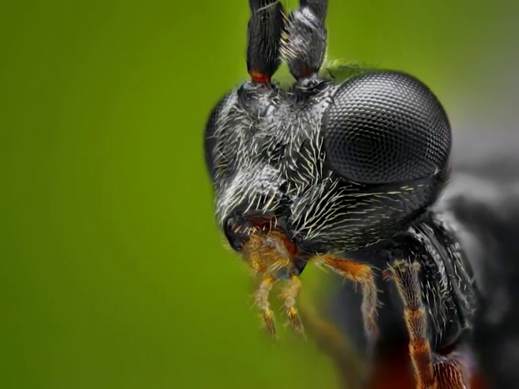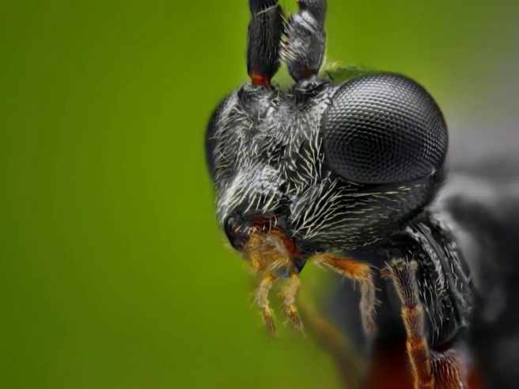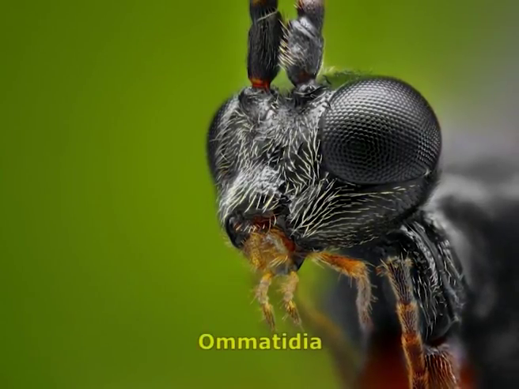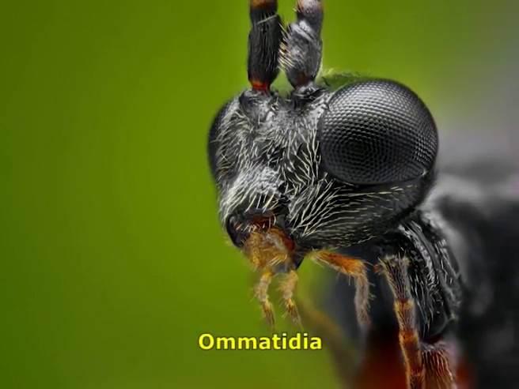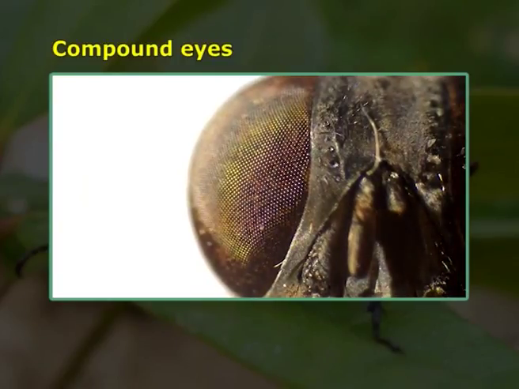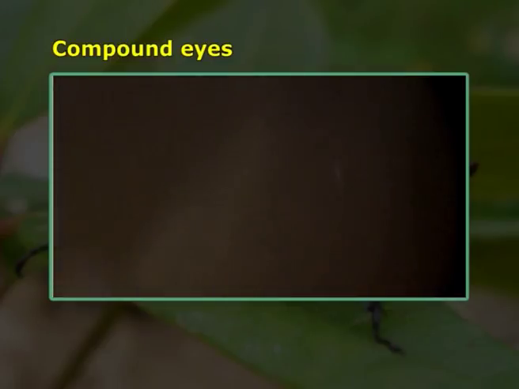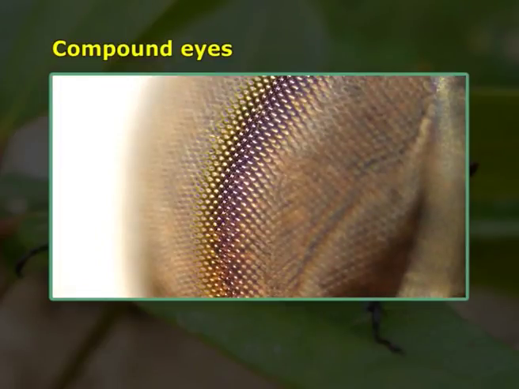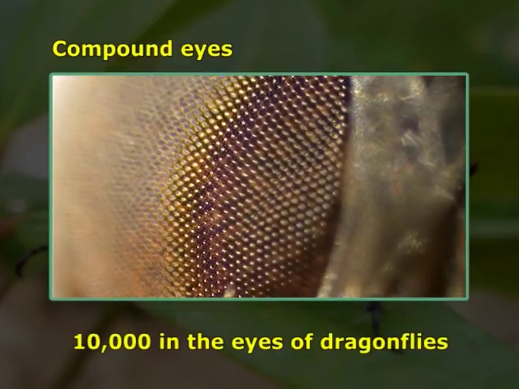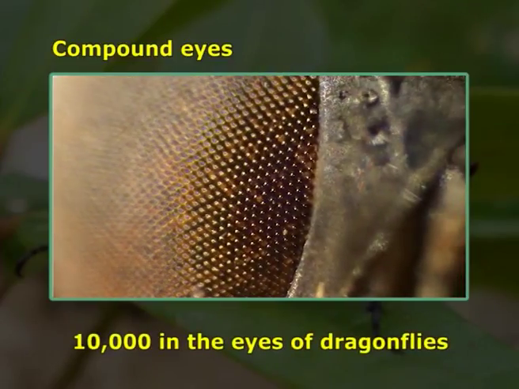These are a pair and consist of a number of individual units or facets called ommatidia. The number of ommatidia varies from 1 in the worker of ant, Ponera punctatissima, to over 10,000 in the eyes of dragonflies.